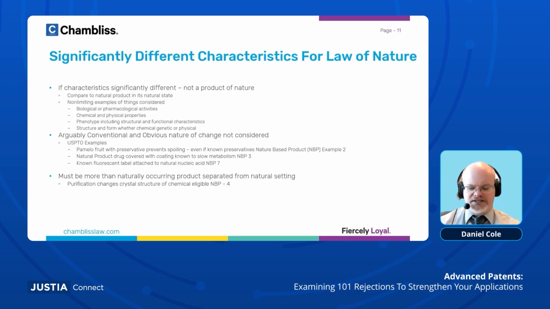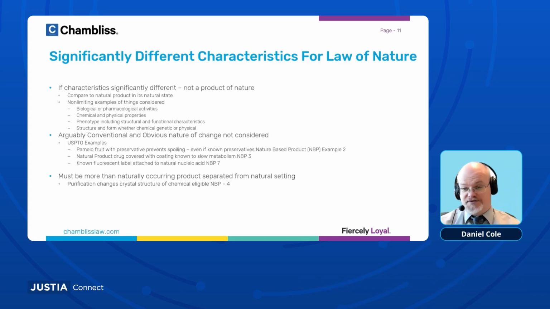You can look at an NBP example 2. They talk about a pomelo fruit with preservatives that prevent spoiling. If you have this fruit and it has this preservative, even if it's a known preservative that's been known for a long time, what you have is now not a product of nature.